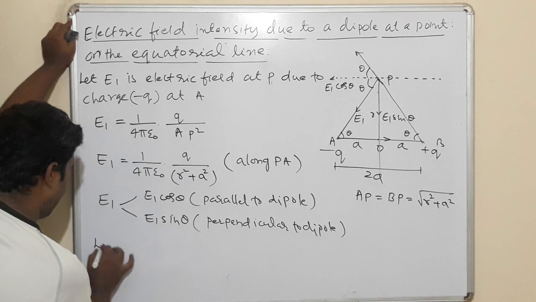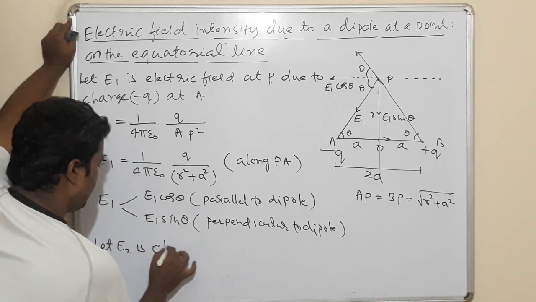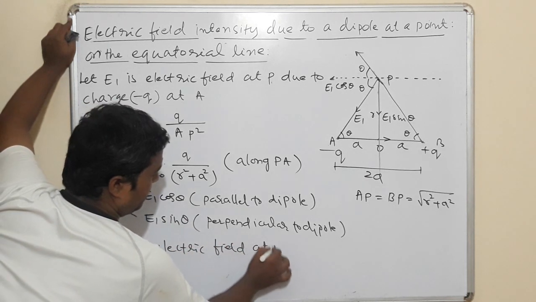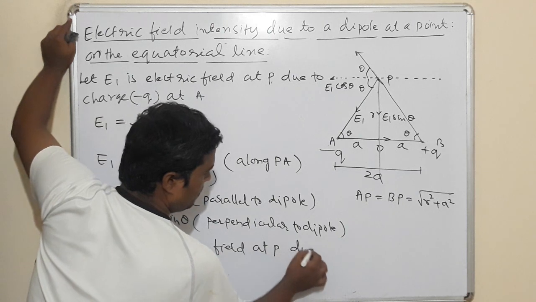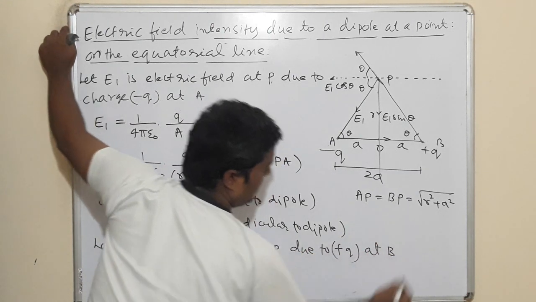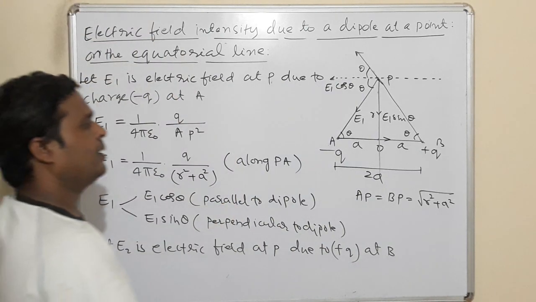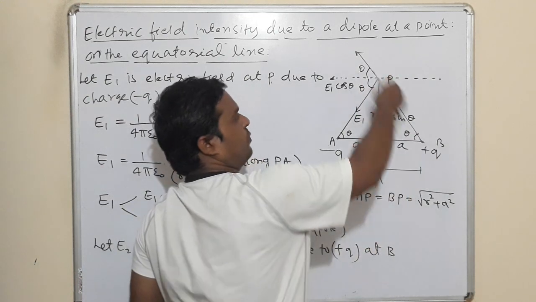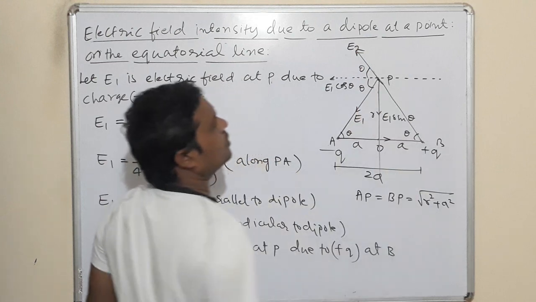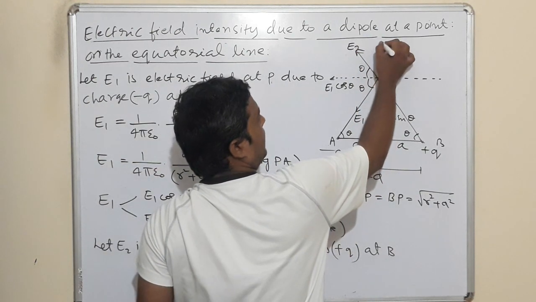Then let us say E2 is the electric field at P due to plus Q at B. Then you can write the value of E2. Because this is a positive charge, the electric field will be away from the charge. I can take this as E2. Again, this E2 can be resolved into two components like this.